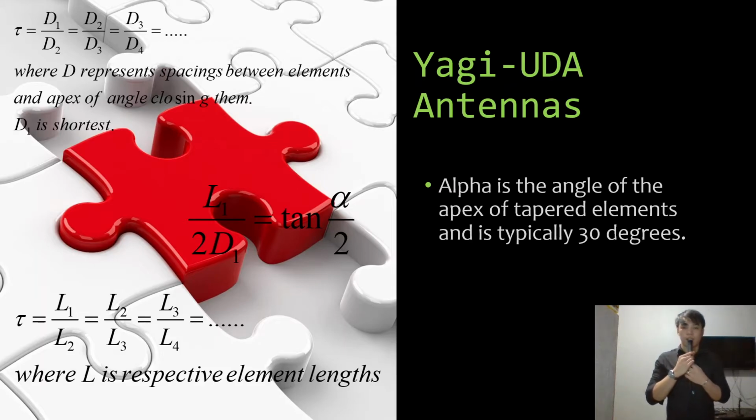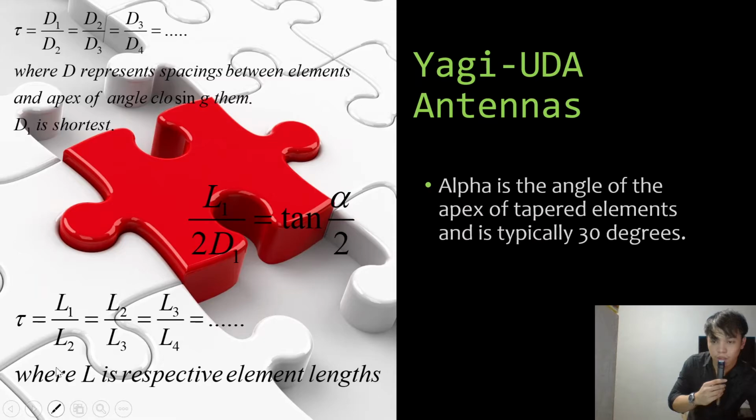The first one is the time constant. The time constant is equal to distance 1 over distance 2, which is equal to distance 2 over distance 3, and is equal to distance 3 over distance 4, and so forth.